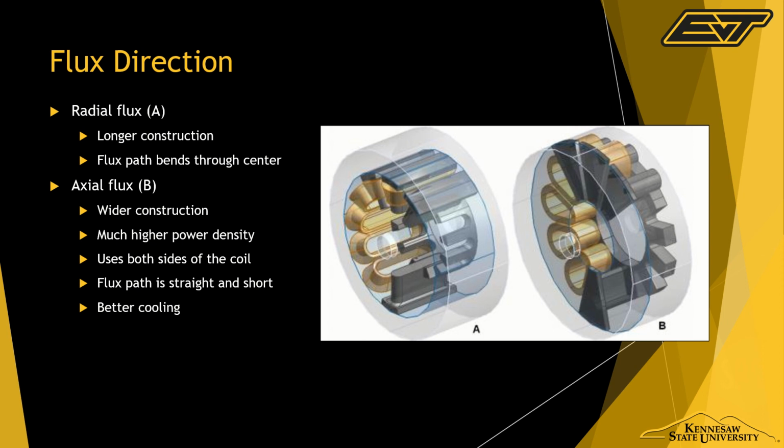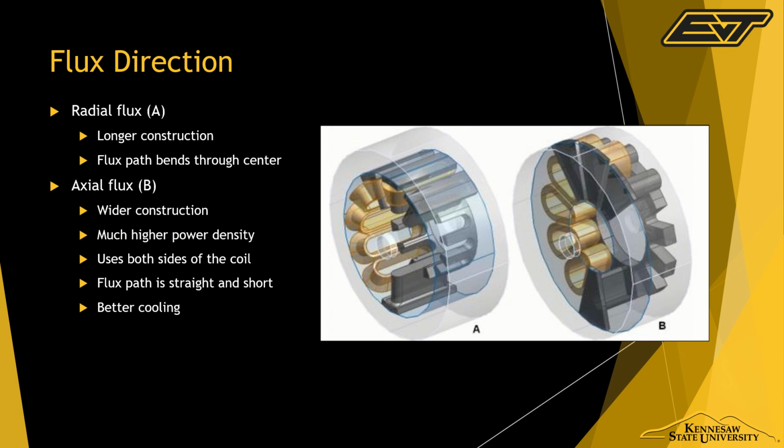Inside most motors, you'll find radial flux. Radial flux is good for packaging, but that is really the only good thing about it. They have a longer construction to their motors, and that's the only thing that's good about them, the packaging.